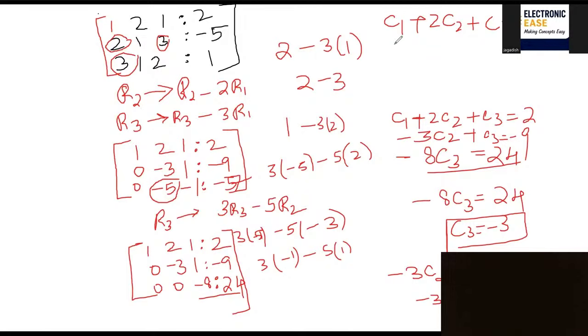So how much is C1? 2C2 I know. C2 value is 2, so 2 into 2, what is that? 4. C3 value I know as minus 3, which is equivalent to 2. So C1 will be equivalent to 1. So if you solve it, C1 is equal to 1.